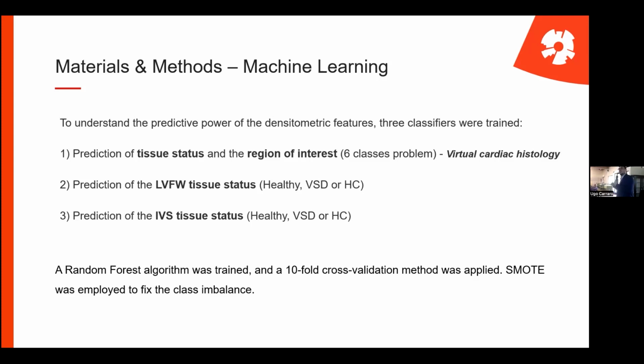But then to understand a bit more, we also split the data set into samples from the left ventricular free wall and samples from the intraventricular septum, and then we have to guess the status. We'll see the results later. So we trained a random forest algorithm with a 10-fold cross-validation. And then we also applied the SMOTE technique for data augmentation to fix class imbalance.